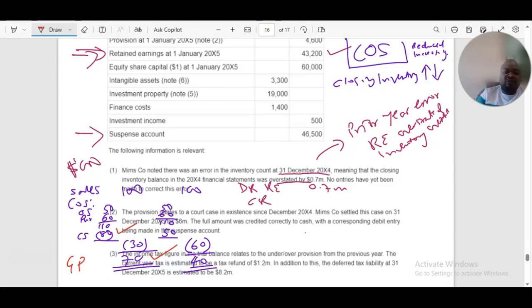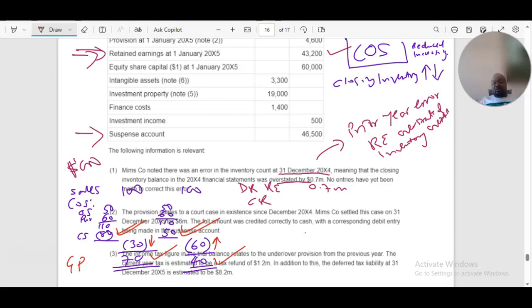But when the closing stock was reduced, we obtained a gross profit of 40. Are you seeing the logic? If the closing stock is high, the cost of sales is reduced to 30. But if the closing stock is low, the cost of sales is high, at 60.